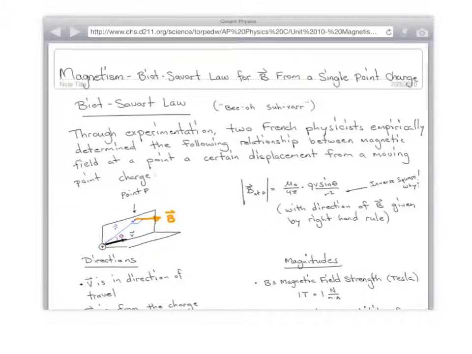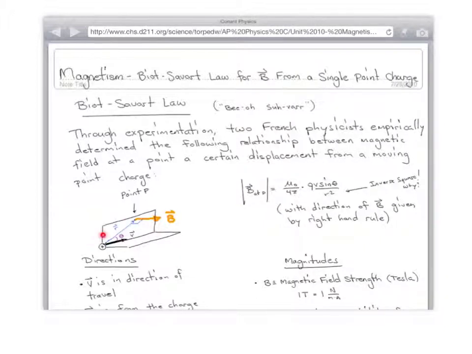If I wanted to know the field at a point that was in front of the charge and a little bit above, well, that field direction we could figure out from the right-hand rule would be this way. Agree? Now, so that's fine. That's how we get the direction of the field.